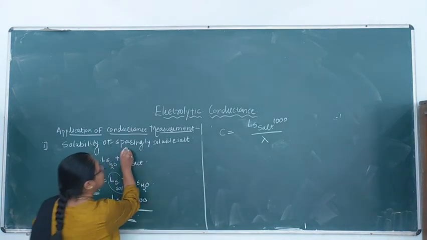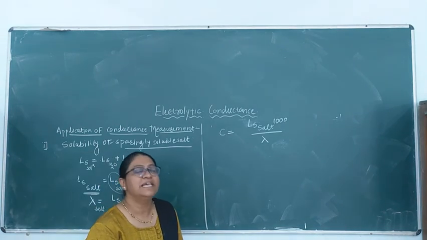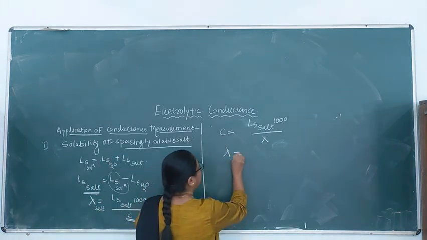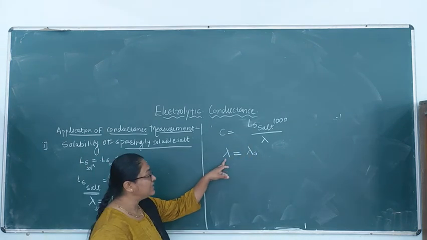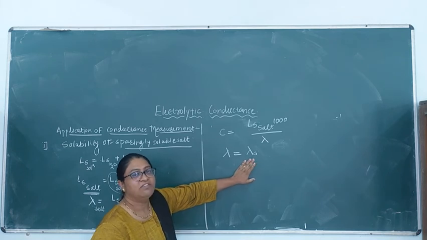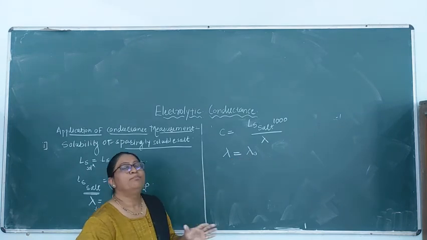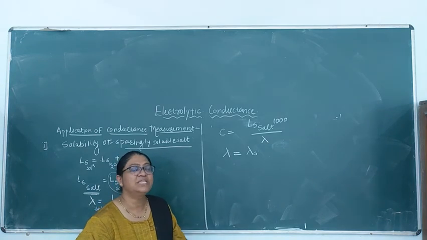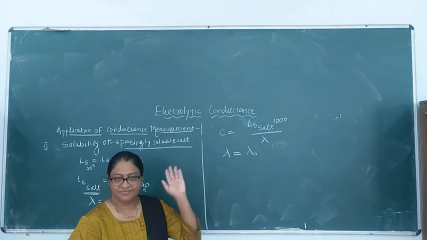As I have told you, this salt is a sparingly soluble salt. That means it has very little solubility in the water. That means here we can write that lambda is equal to lambda 0. That means the equivalent conductivity here is nearly equal to the equivalent conductivity at infinite dilution. Why? Because as this salt is very less soluble, the solution that we have formed is an infinitely dilute solution.